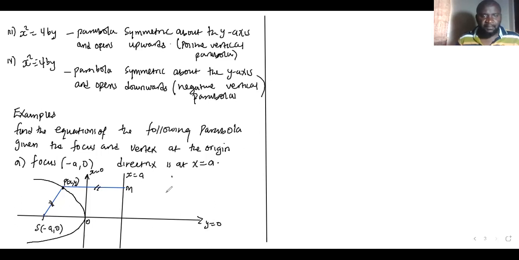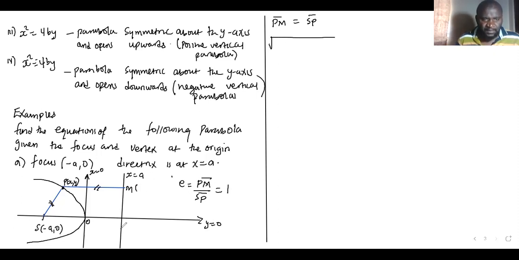So for a parabola, the eccentricity is supposed to be equal to the ratio of PM to SP, which has to give us 1. Therefore, PM is supposed to be equal to distance SP, which will be the square root. What is PM?